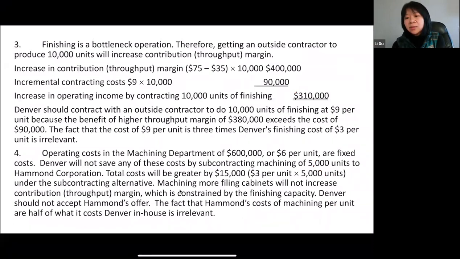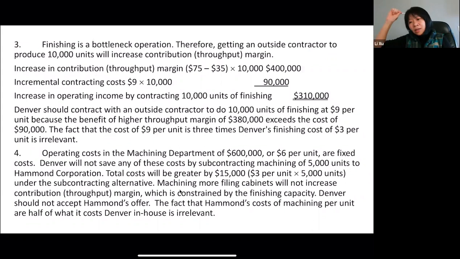That's the contribution margin per unit. And so if you increase 10,000 units, it's going to be a $400,000 increase. And the cost is only 90,000. So the increase in operating income will be 310,000.